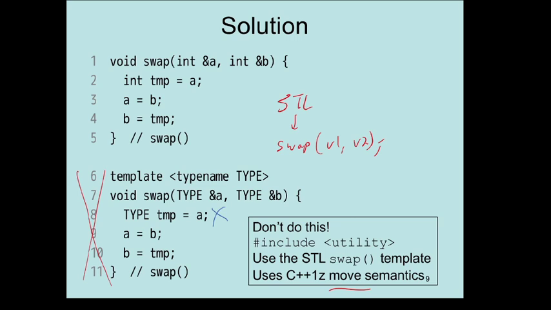So basically, this turns into three swaps: a swap of the sizes, a swap of the capacities, and a swap of the pointers to dynamic memory. And that's O of one to swap three integers or pointers. So that's why we want to stick to using the STL. It can do things more efficiently than we can.